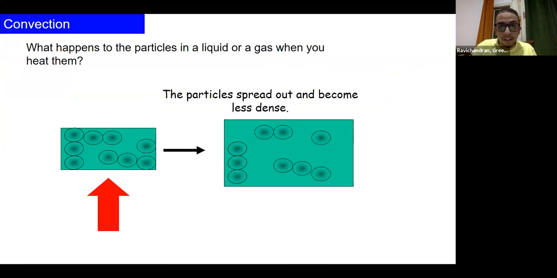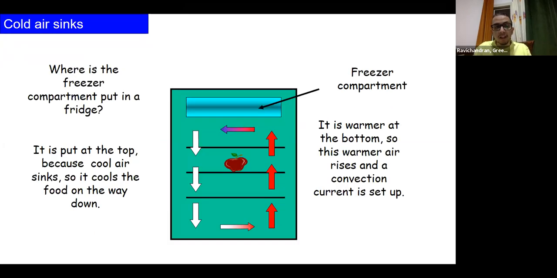Here it talks about the particles, what happens to the particles from liquid to gas: the particles move farther apart and become less dense. Here it talks about the freezer compartment, which is put up top. In the regular, default design, maybe the updated designs are different now, but the main concept is to put the freezer compartment above to make circulation for the refrigerant like this.